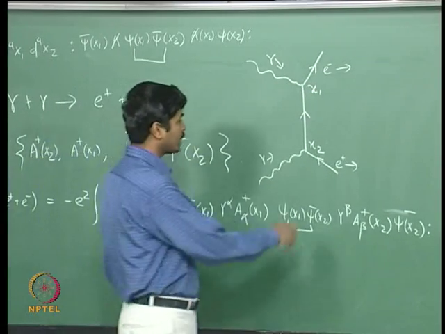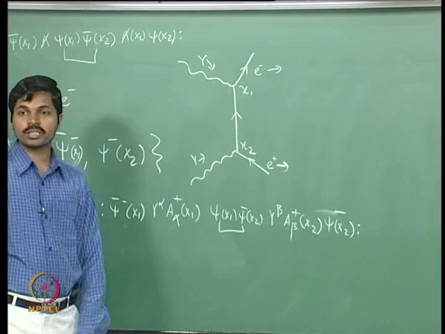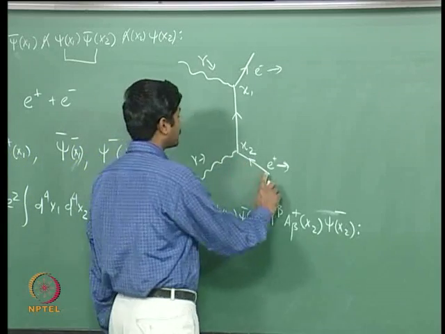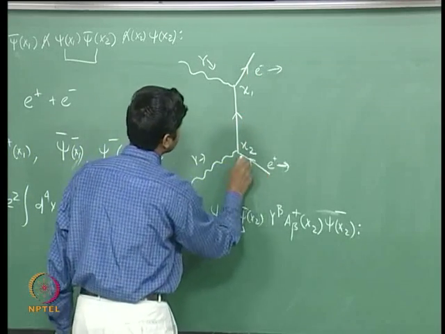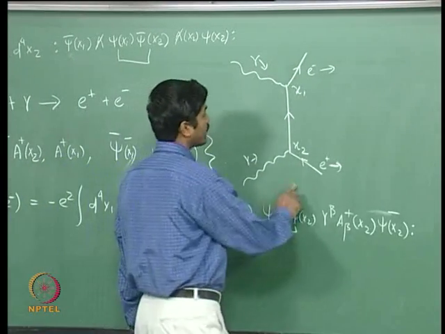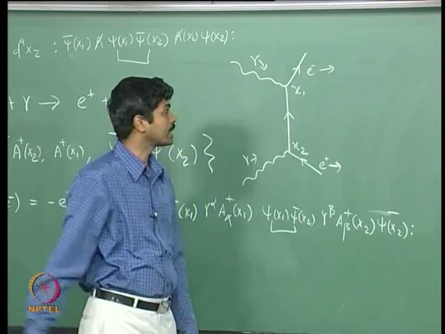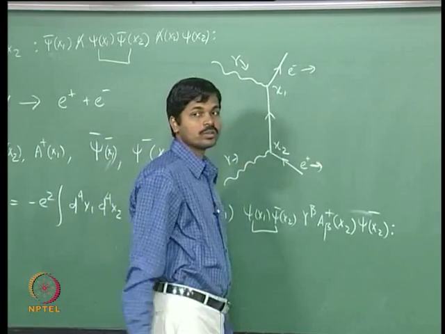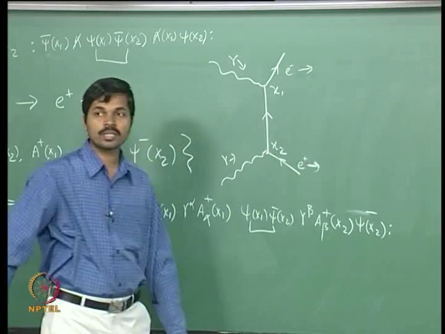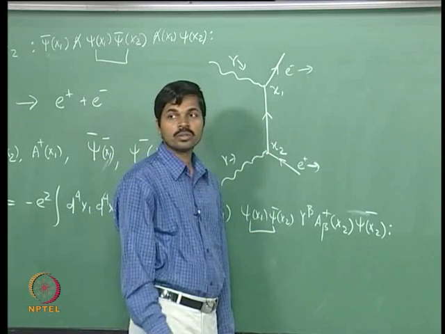You may notice that although there is an outgoing positron here, I have drawn this arrow inwards. This is just to make consistent, so that this arrow has one direction. So, whenever there is an outgoing electron, I will draw it as a straight line with an outgoing arrow, but whenever there is an outgoing positron, I will represent it with a straight line with an incoming arrow.